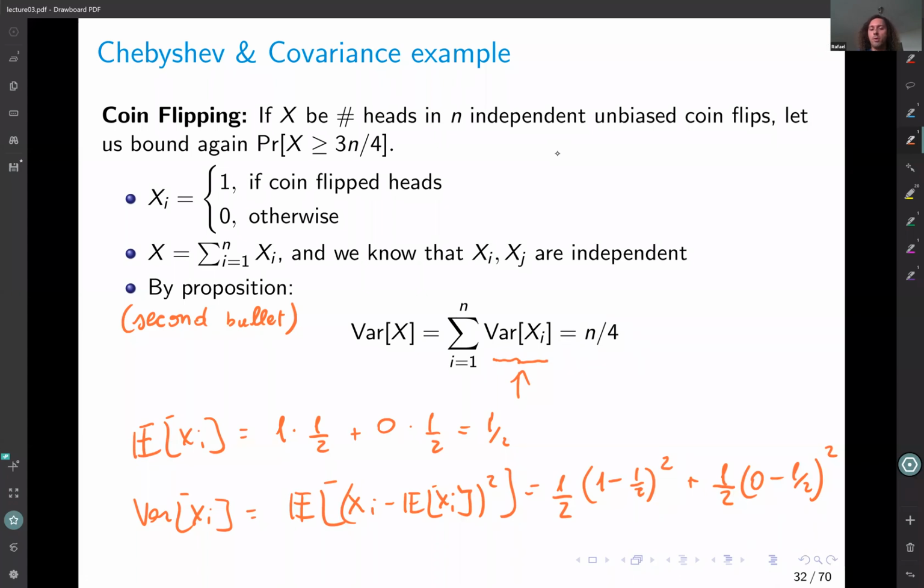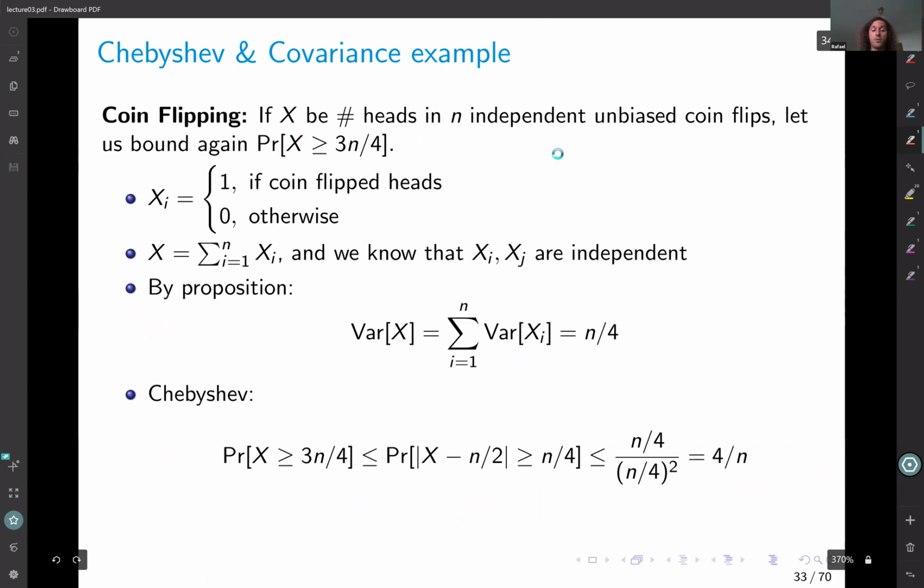Both values give me 1/4, so this is exactly 1/4. Now, we know that each of these variances of xi is 1/4. So when I sum n copies of those, I get n over 4. Does that make sense? This is the variance of x, and we used the second bullet and independence.